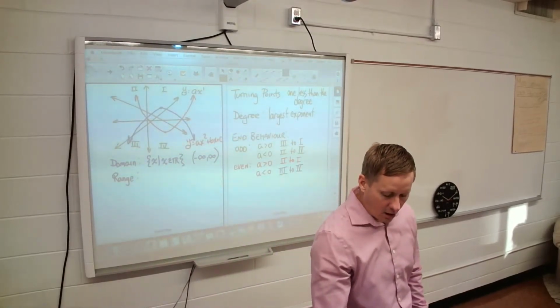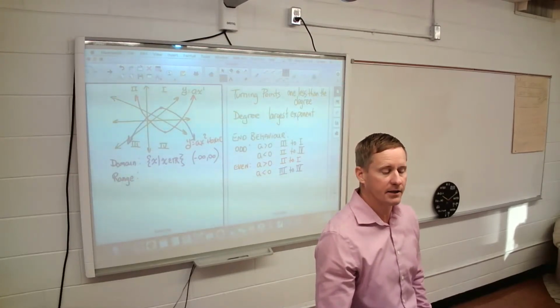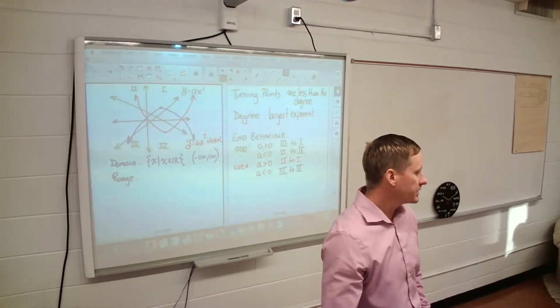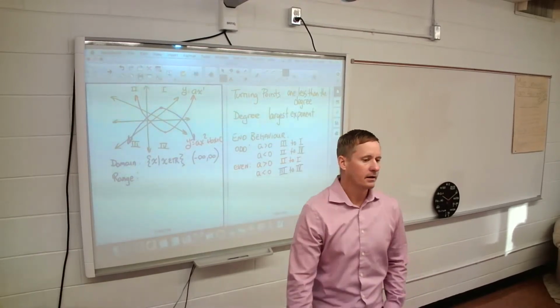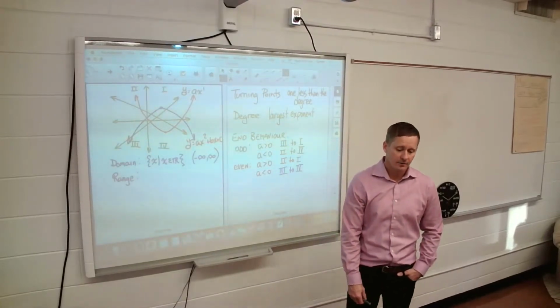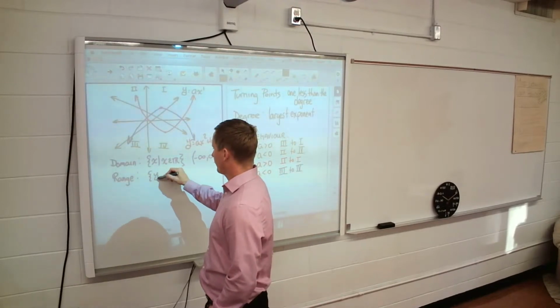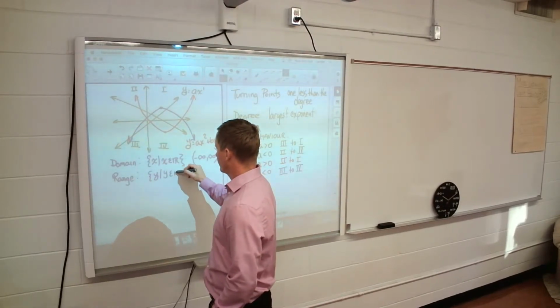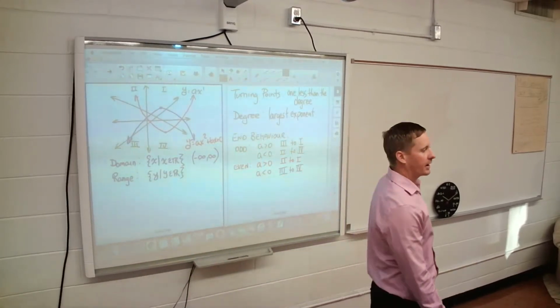The range for an odd function. All right. So a linear line, a cubic one, or quintic, sorry, not quartic, quintic. So a degree of 1, degree of 3, degree of 5. Your range is going to be, they're going to go down forever and up forever.